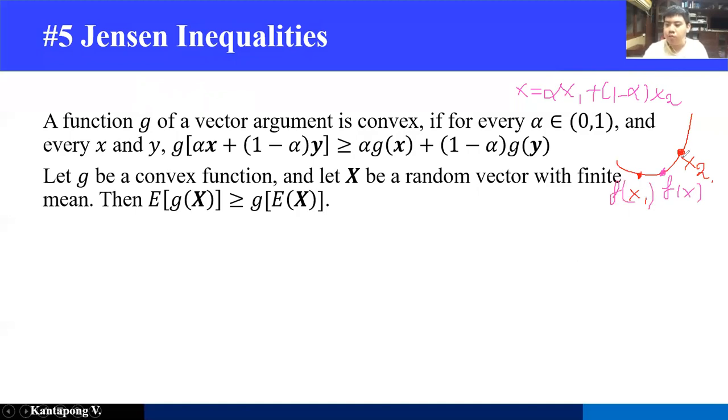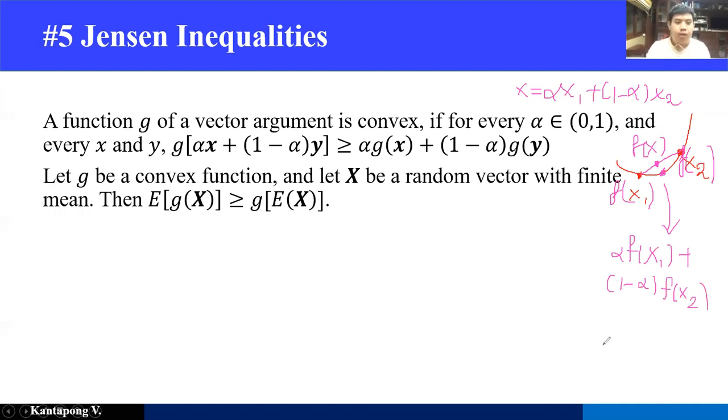However, if we take the average of the x first and then take the function, it's going to be somewhere here. Oh, no, sorry. So this one is actually f of x. But this one is going to be alpha f of x1 plus 1 minus alpha f of x2. So it's similar by the picture here.